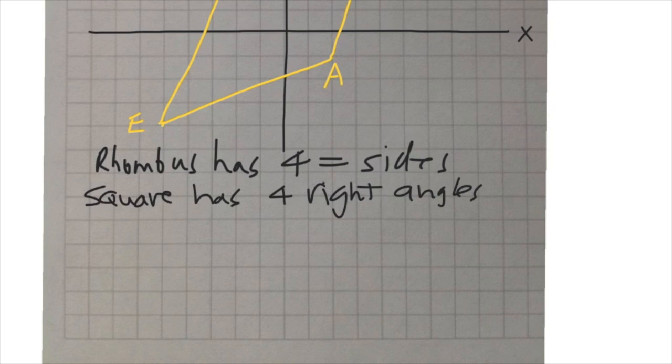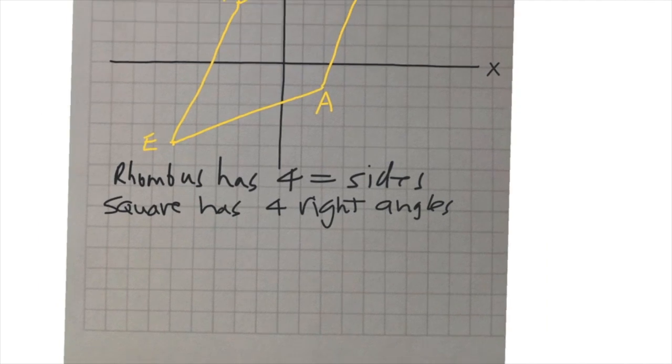And a square will also have 4 equal sides. So those are the thoughts we want to do. We want to be thinking about the lengths, and we also want to be thinking about the slopes. Finding that the lengths are all the same will prove that it's a rhombus. Proving that the slopes are not negative reciprocals will prove to us that it is not a square.